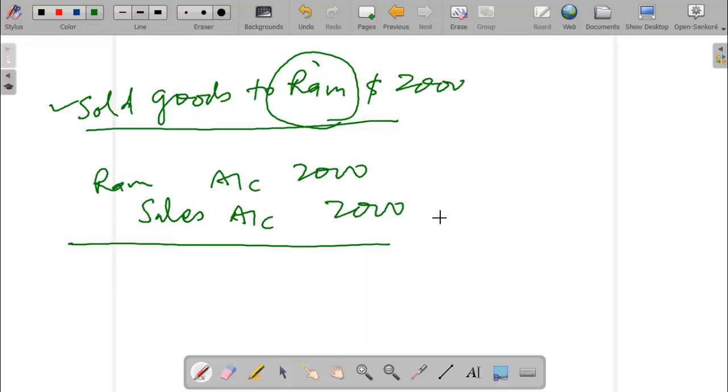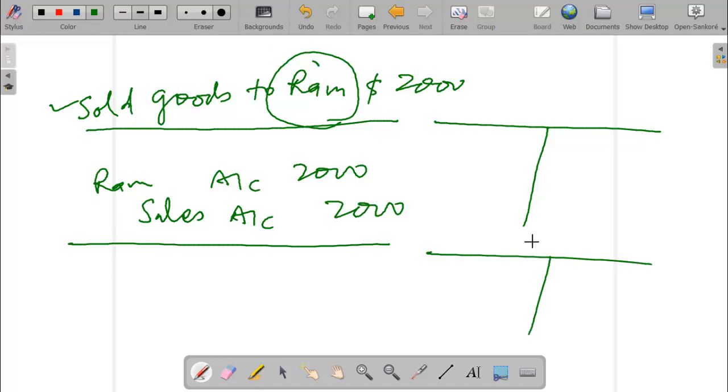Now after passing this entry, see what I will do. I will open Ram's account in the ledger and make the posting. First I will make the posting in Ram's account, then in the sales account. In the entry Ram's account is debited, so on its debit side I will write sales, 2000.